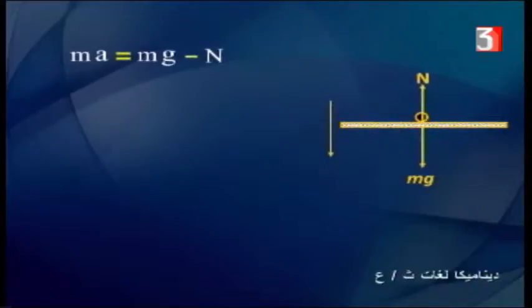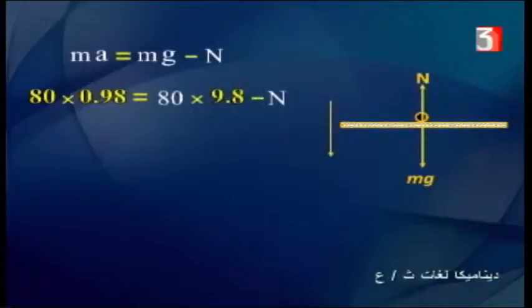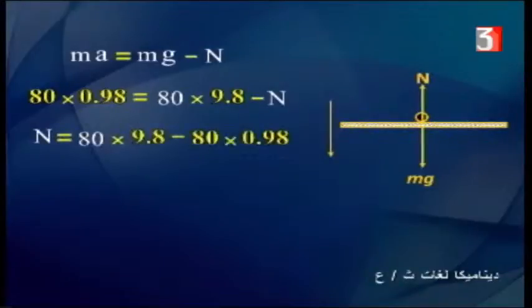m is the mass of the man, 80 kilogram, multiplied by the acceleration of motion, 0.98 meter per second squared, equals 80 times 9.8 meter per second square minus N. Now we use units of Newton for the force N. Then N equals 80 times 9.8 minus 80 times 0.98.